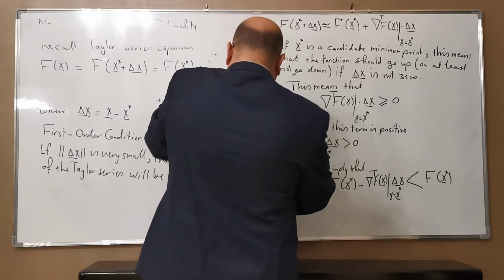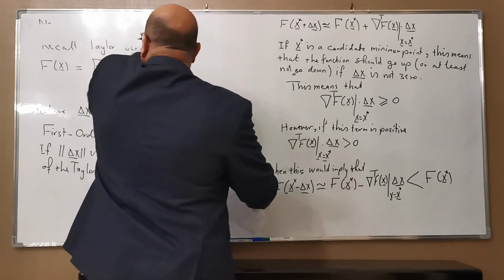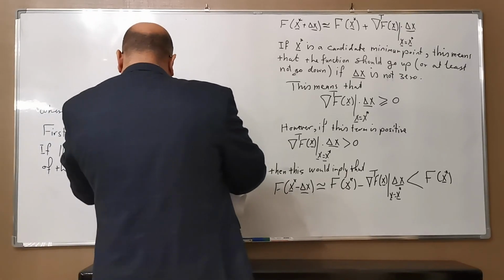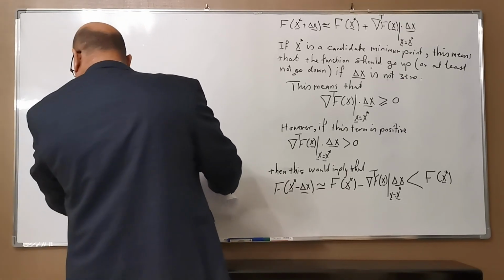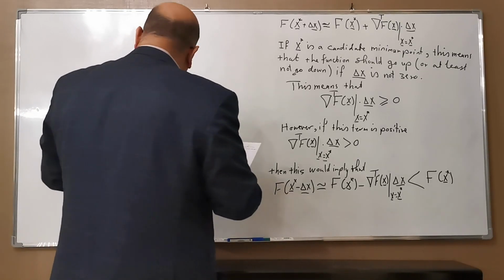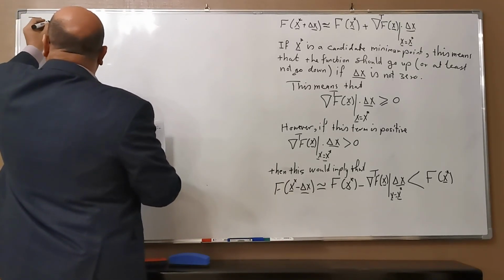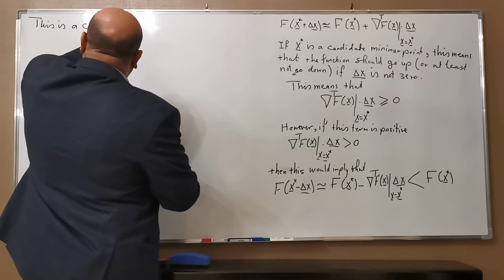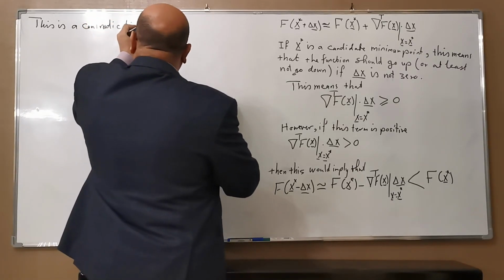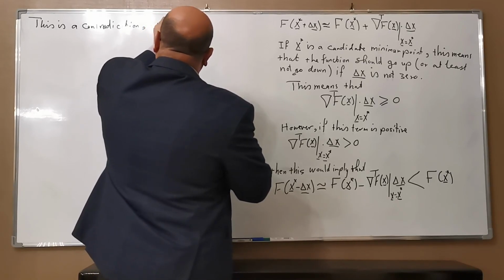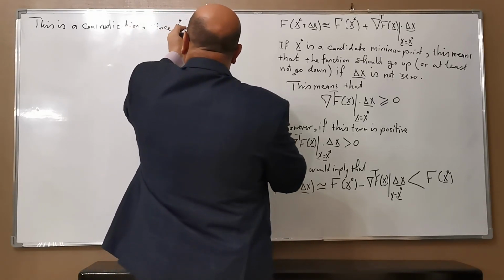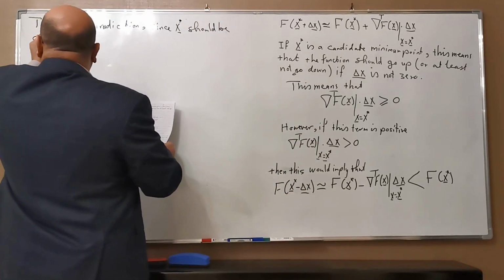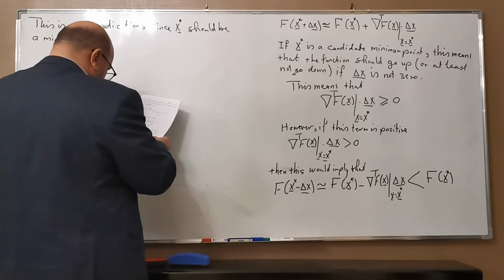So this is a contradiction, actually, since x star should be a minimum point.